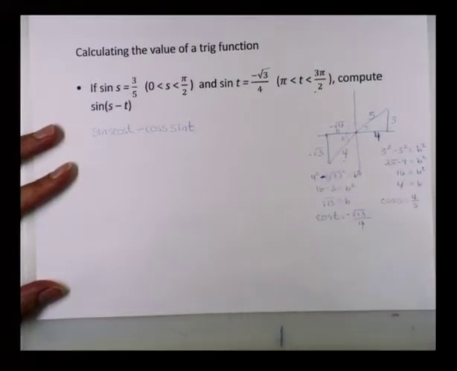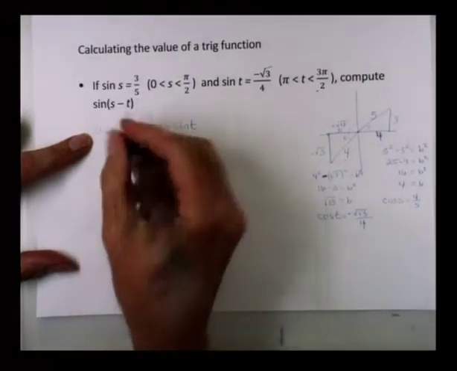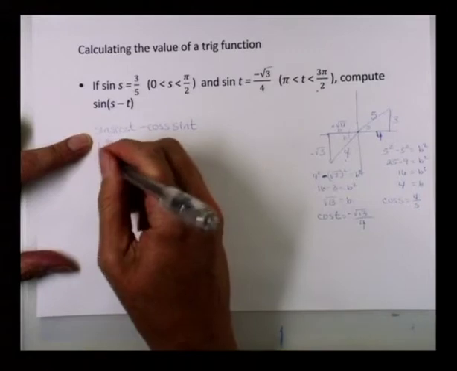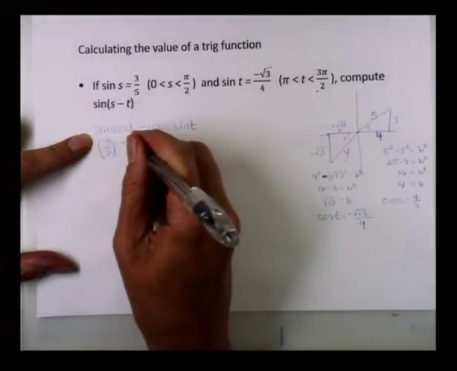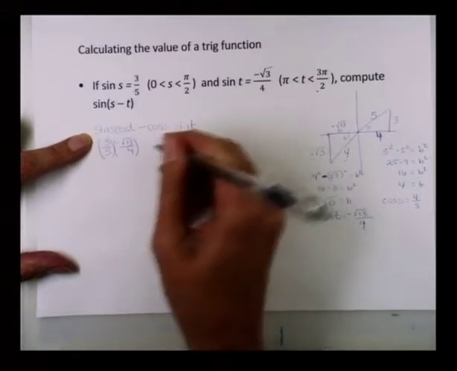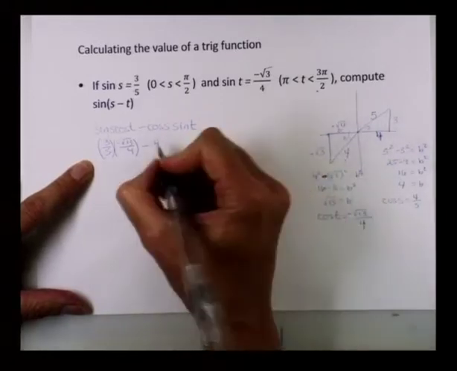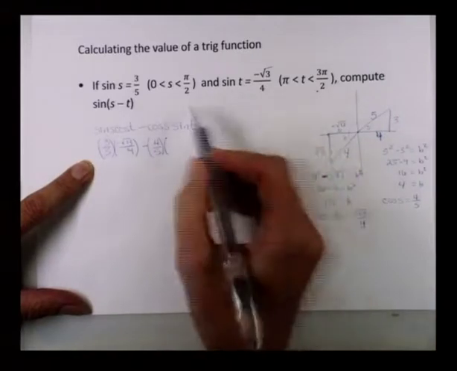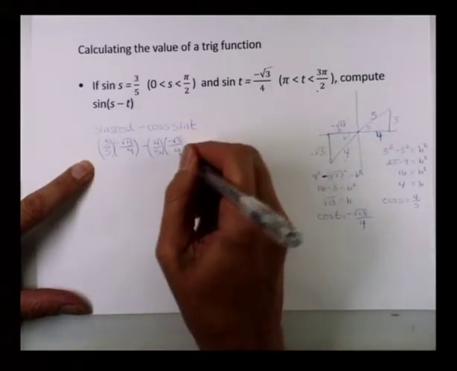So now that I know the cosine values and the sine values, I'm going to plug everything into my equation. So the sine of s was positive 3/5, and the cosine of t is negative radical 13 over 4, minus the cosine of s, which is positive 4/5, and the sine of t is negative radical 3 over 4.